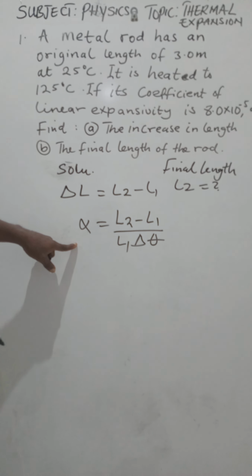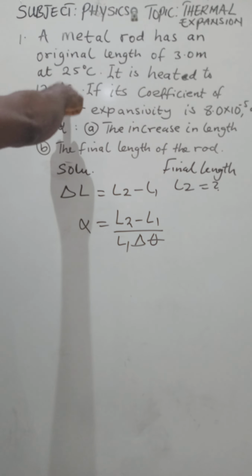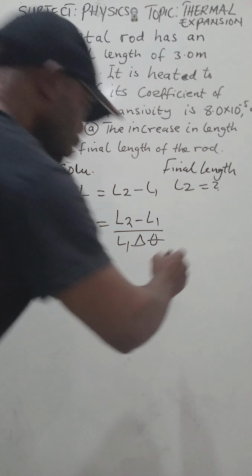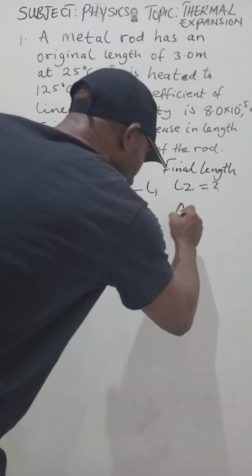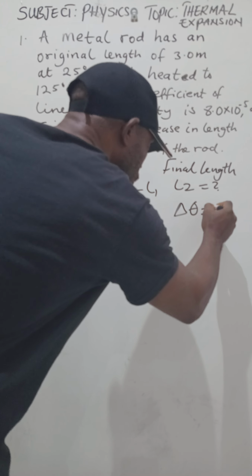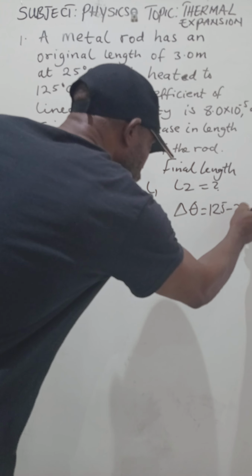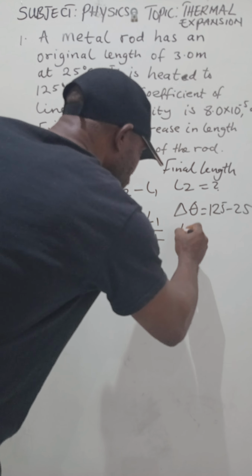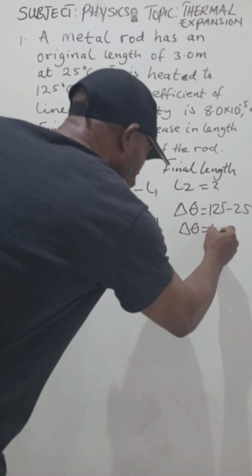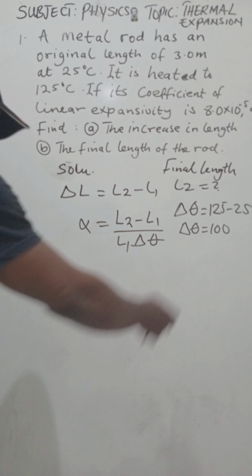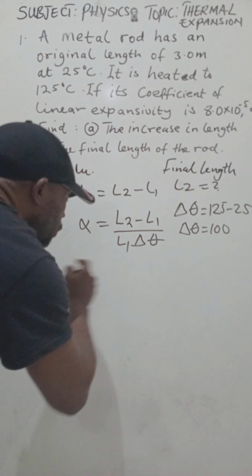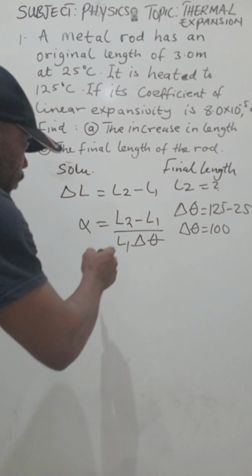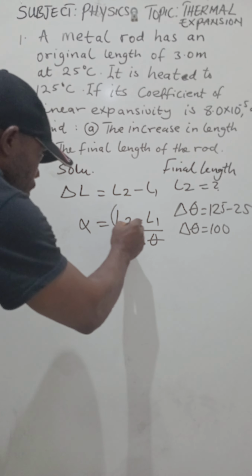Now, the change in temperature is the difference between 125 degrees Celsius and 25 degrees Celsius, which is 125 minus 25, the same thing as 100.